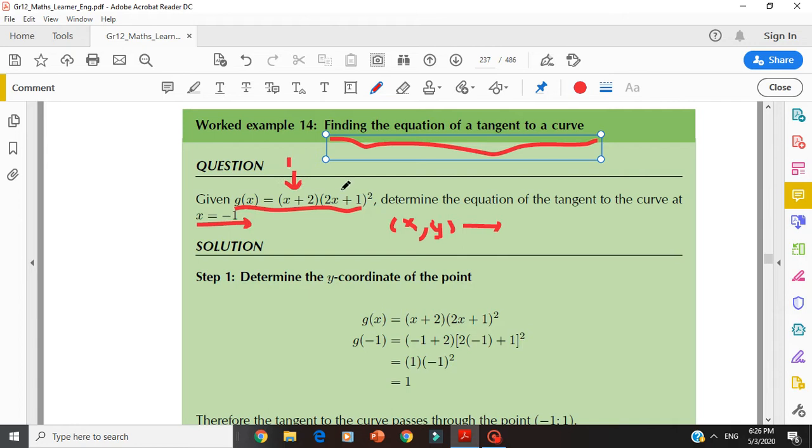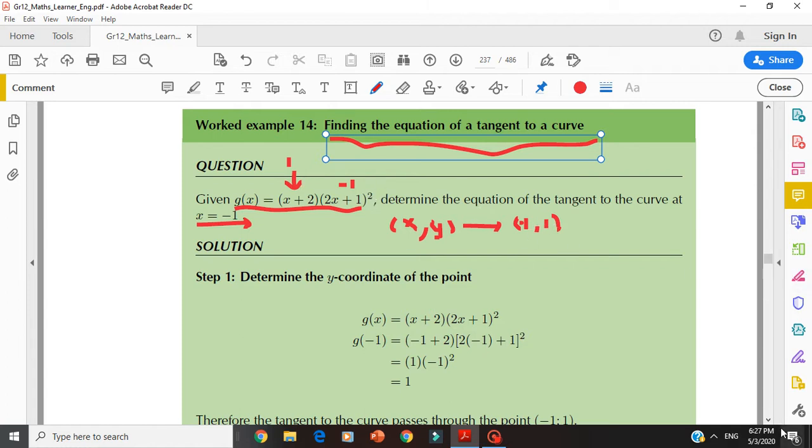And if I substitute minus 1 here, I get minus 2 plus 1, which gives me minus 1. Minus 1 squared is 1, and 1 times 1 is 1. Therefore my x-coordinate is minus 1 and my y-coordinate is positive 1. The negative disappears because of the squared.